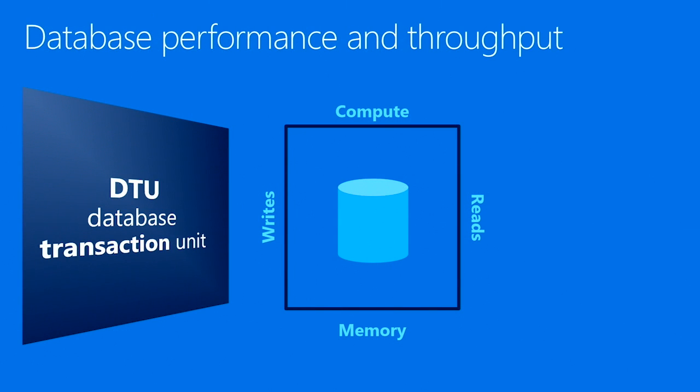To size your workload, we measure the size of different databases with a unit called DTU, Database Transaction Unit. Think of it as a bounding box for your database, because the resource utilization for your database really is compute, memory, and I/O. That's what the database transaction does.